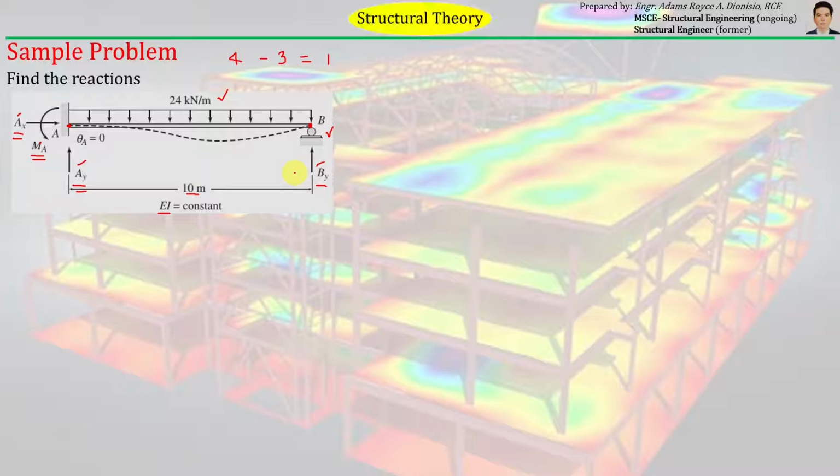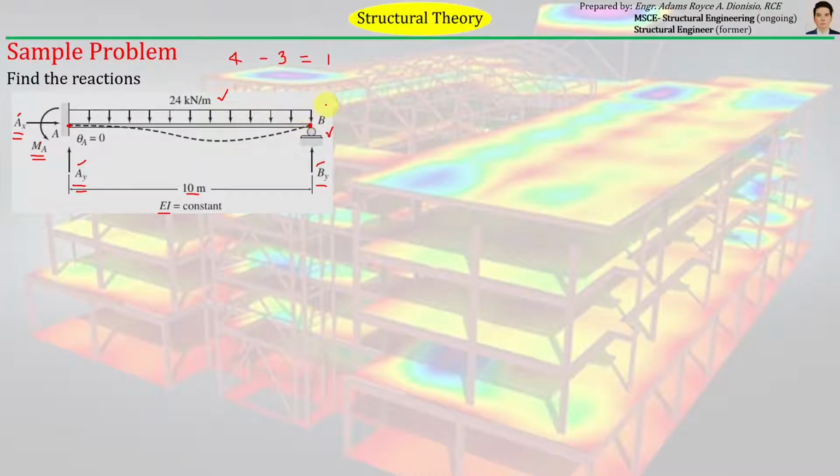That's why it's called force method. There's another method of analyzing a structure, which is what we call the slope deflection method. That is somehow the opposite of the method of consistent deformation, or force method, because that method deals with displacement. That's why it's called slope deflection.